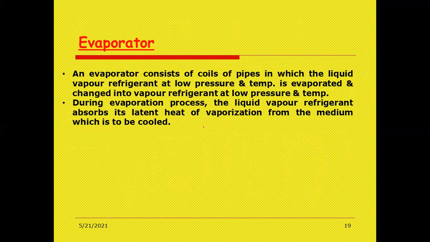The evaporator takes the hot, high temperature and pressure refrigerant and converts it into cool, low temperature and pressure refrigerant. In this process, the liquid refrigerant absorbs its latent heat from the medium which is to be cooled. That is the concept happening with the evaporator, right?